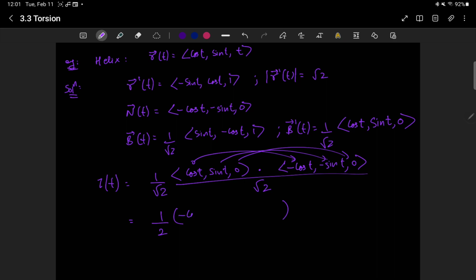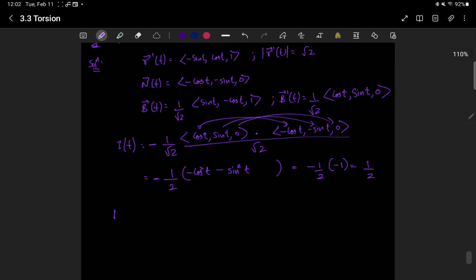So I get negative cosine squared, negative sine squared. And remember, the formula also has a negative here, which I'm missing. So this becomes negative half times negative 1, which is 1/2. So the helix has a torsion of 1/2, which is a constant torsion for this particular helix.